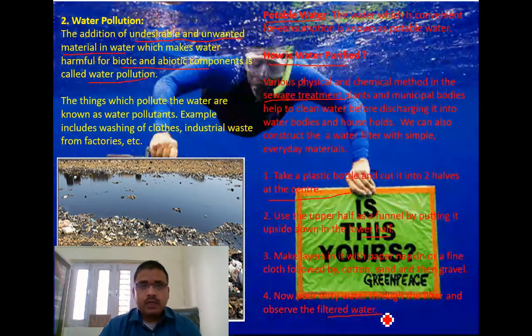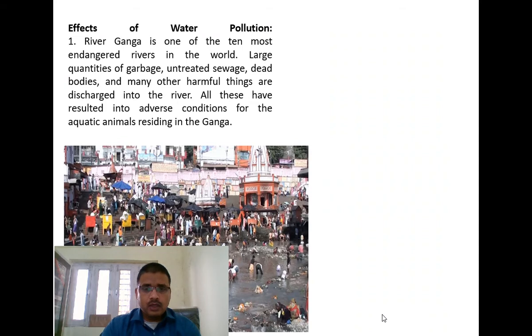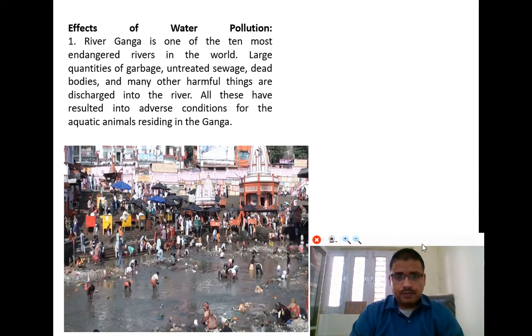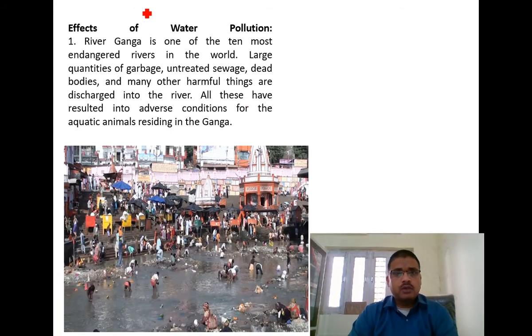Now you can see the effect when water gets polluted. What are the different effects we can observe? Here you can see in the Ganga, a number of people are cleaning the water of the Ganga, affected by water pollutants. River Ganga is one of the 10 most endangered rivers in the world.